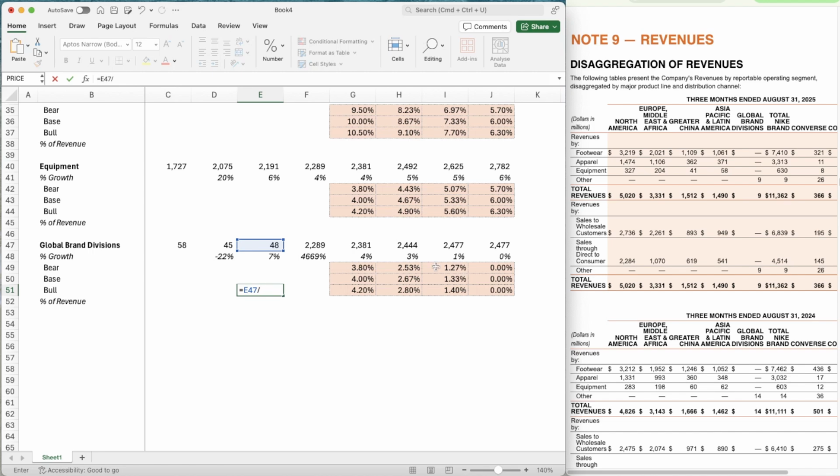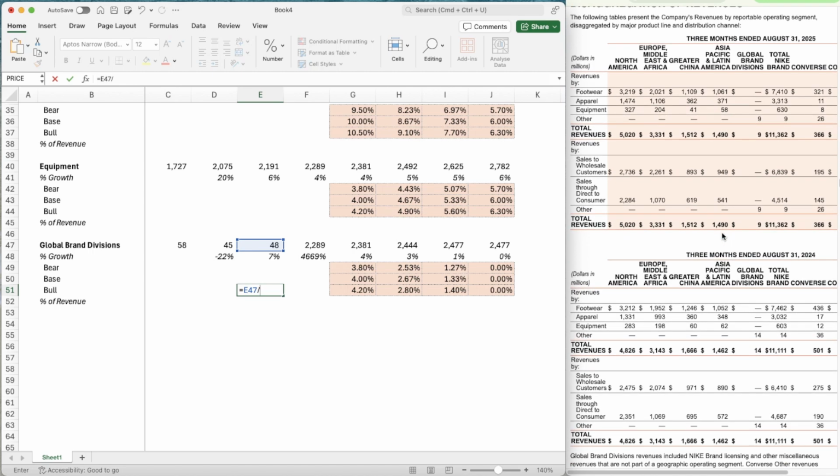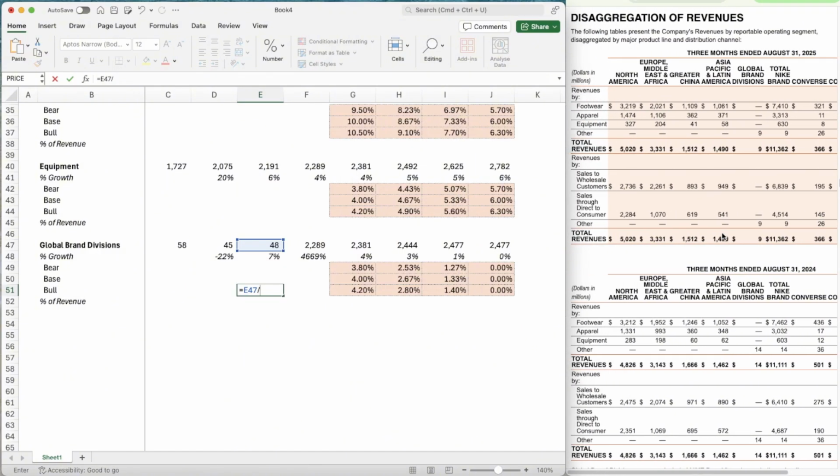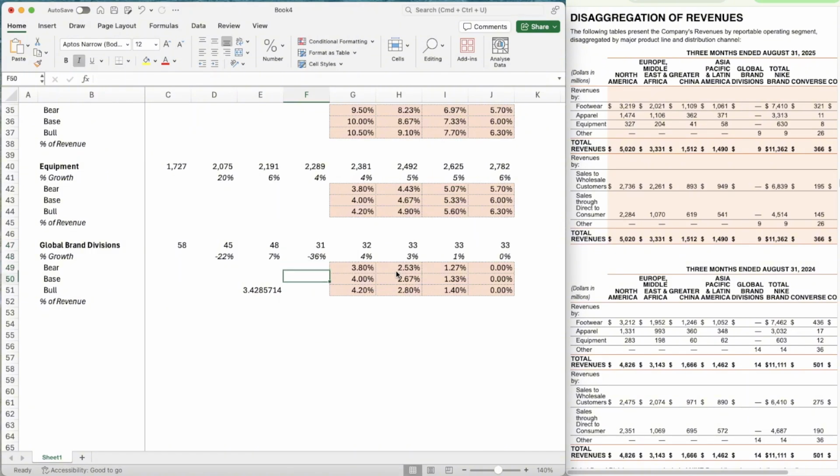Divided by 14, 3.42, so equals 9 divided by 3.42, 0.85714. I mean, this can stay at 2.